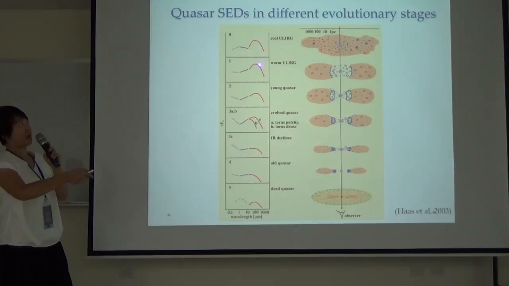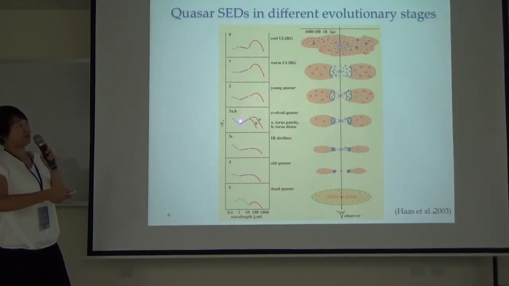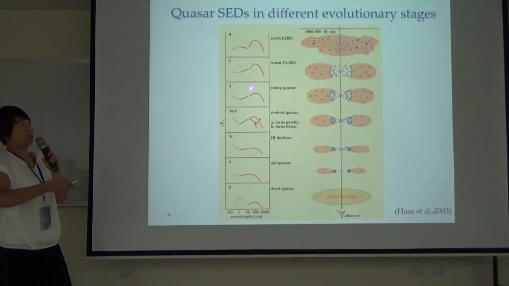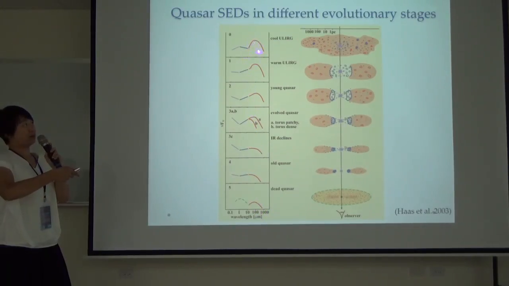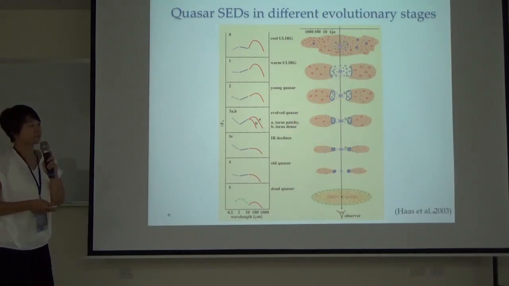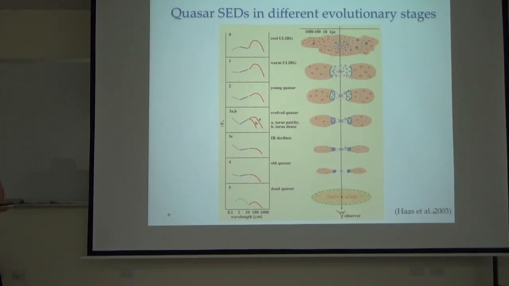You can see how the infrared luminosity changes from the early stage to the late stage. So the infrared is really important to identify which stage of the AGN you are looking at. So this is from the quasar aspect.